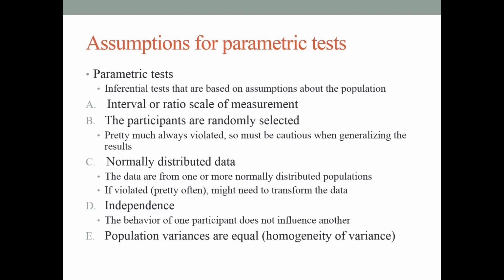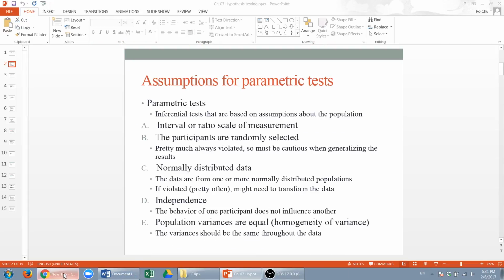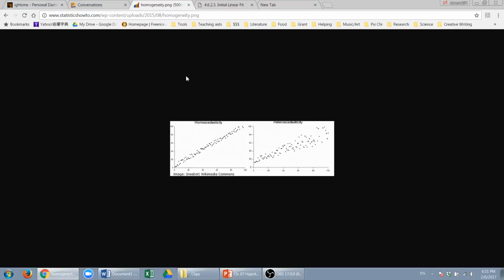Finally, population variances are equal, and this is called the homogeneity of variance. And please, everyone, please remember this word, homogeneity. Now, this assumption means the variances should be the same throughout the data. Let me show you the graphs. So, look at here. It's a little bit small, but hopefully you can see it clearly.